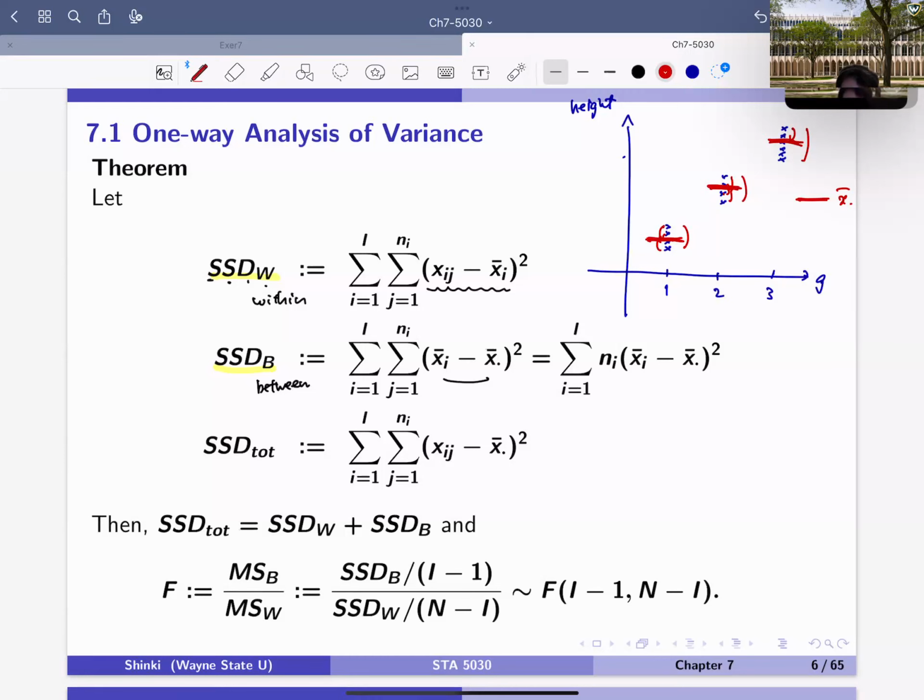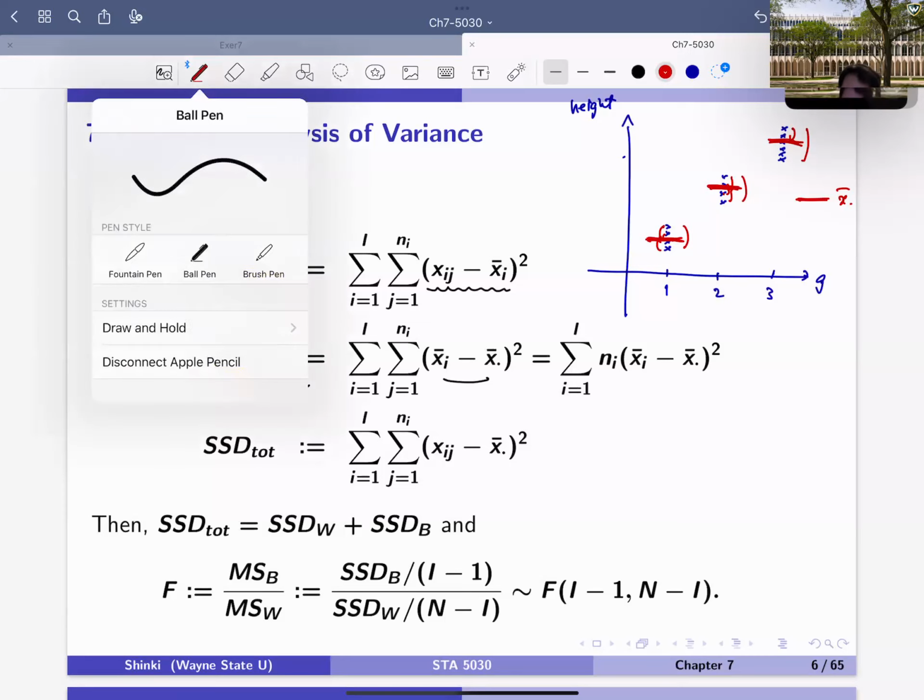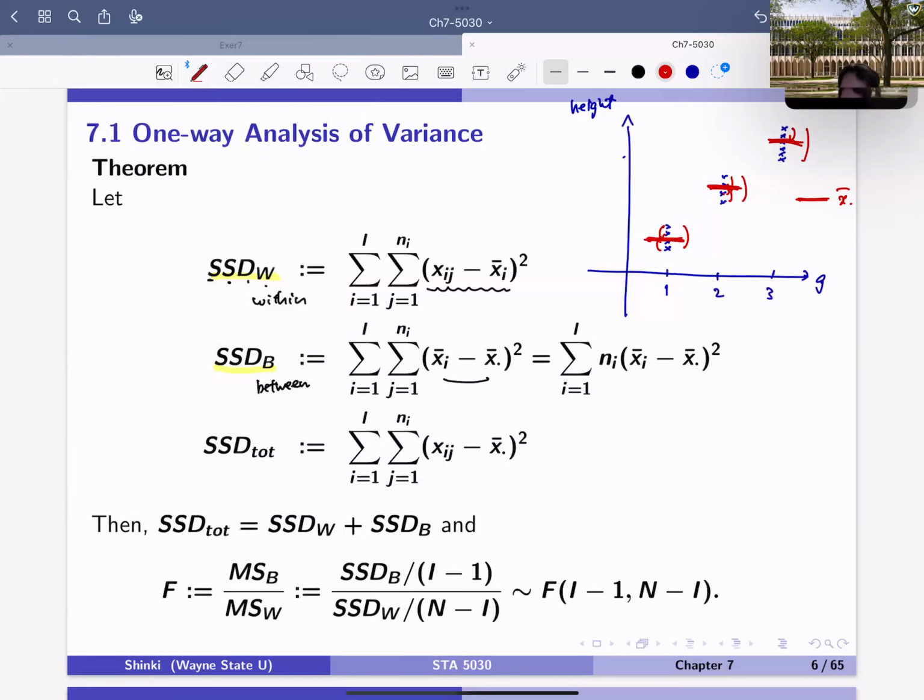So we want to add up these numbers for the number of observations. For each observation we calculate the group mean and the overall mean. So still we take the summation of the same number of terms.